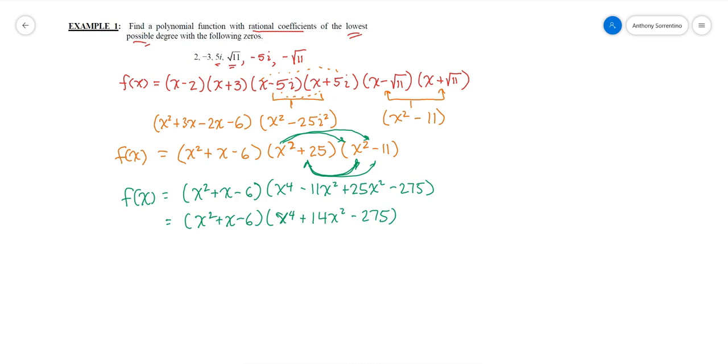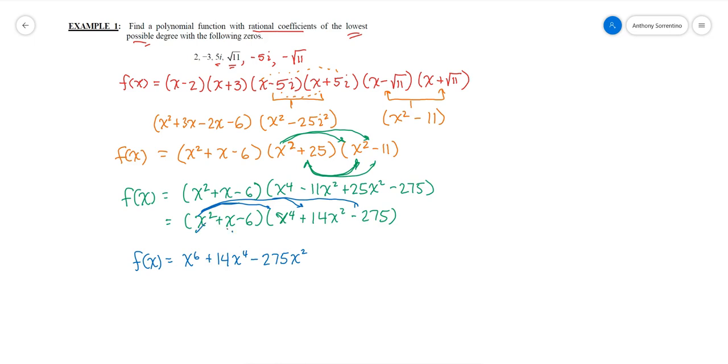And then lastly, I'm going to have to distribute one last time to get this final expression, which means I'm going to do x squared times x to the 4th, which is x to the 6th. x squared times 14x squared will give me a 14x to the 4th. x squared times a negative 275 is a minus 275x squared. Now that takes care of this one.